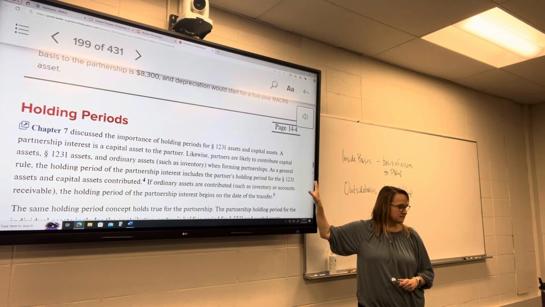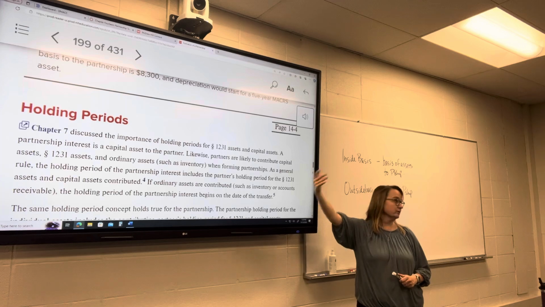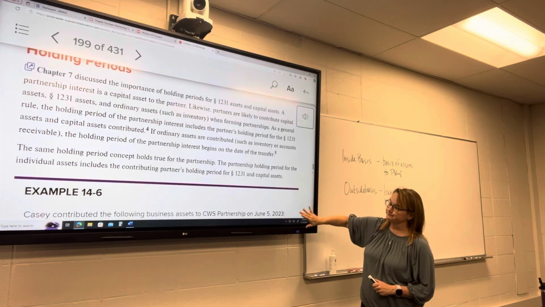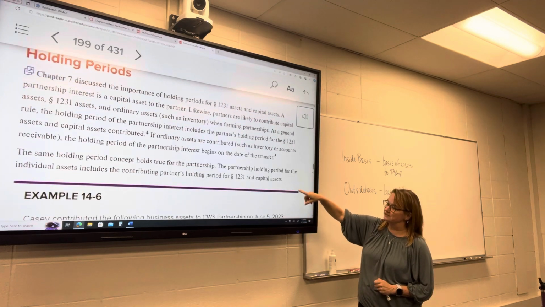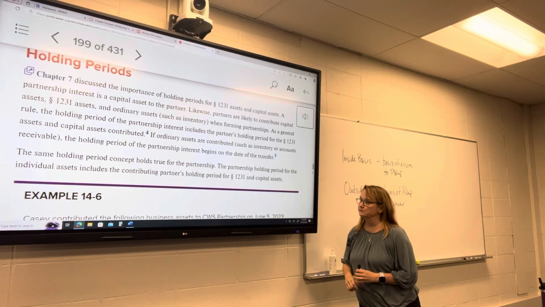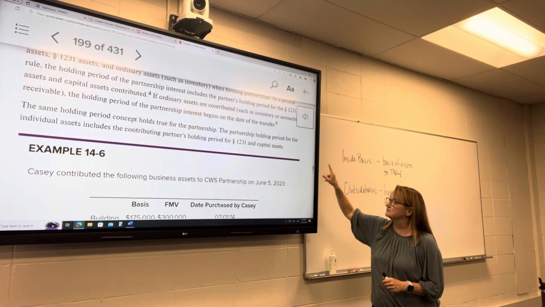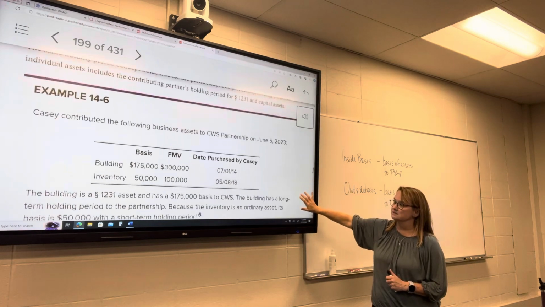Any other types of assets, it's going to start on the date that the original holding period began in the hands of the partner. So the partnership holding period for the individual assets includes the partner's holding period for 1231 and capital assets. Again, the exception would be for inventory, accounts receivable, any of those ordinary asset items.